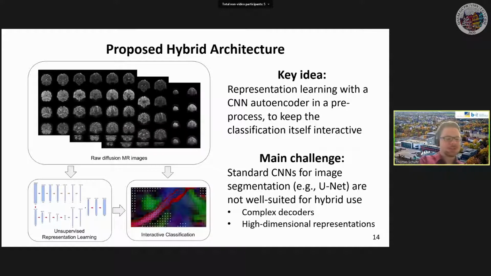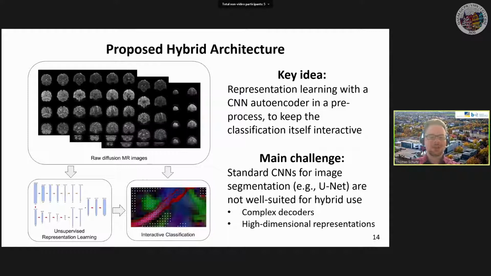An autoencoder just tries to reconstruct its own input based on a condensed, concise bottleneck representation. This bottleneck representation we then use as a feature vector for the random forest, which does the interactive classification because it's so much faster to train. Okay, so this is the basic idea: a hybrid approach where we make use of CNN features, which we can pre-process, within the random forest.